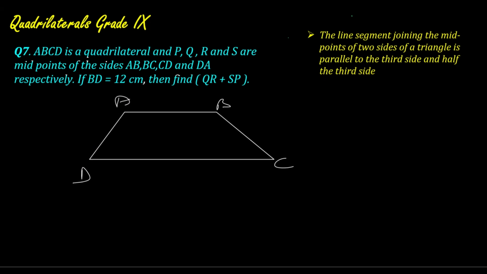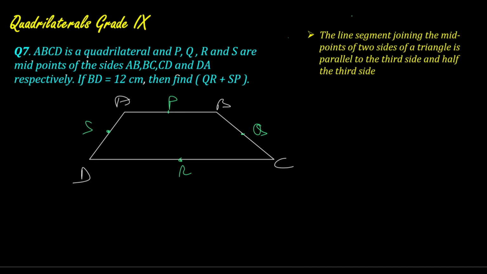We just need to make a quadrilateral. And then we have to take the midpoints of these sides. That means P being the midpoint of AB, Q being the midpoint of BC, R is the midpoint of this, and S is the midpoint of this.